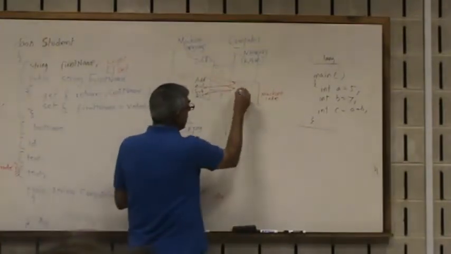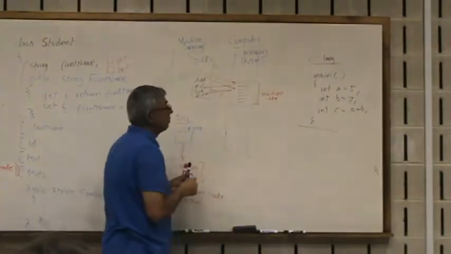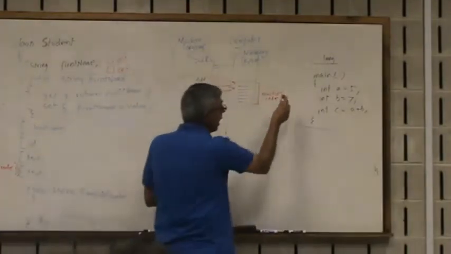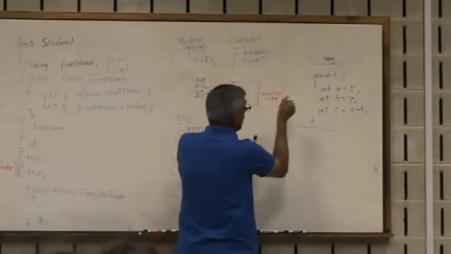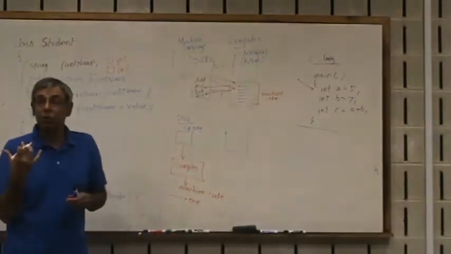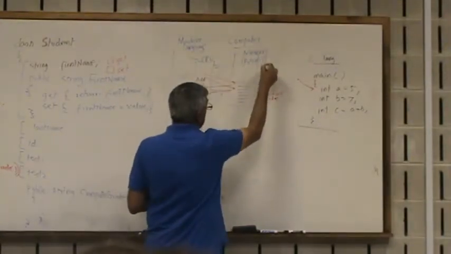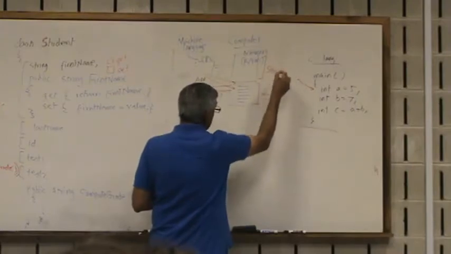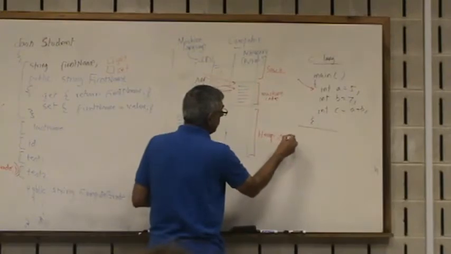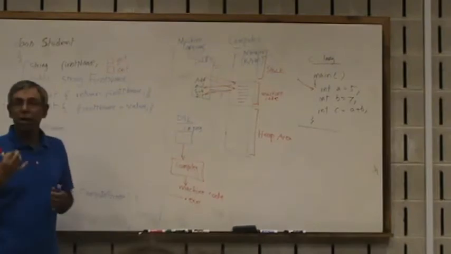Anyway, whatever that translation was, once this program is converted into machine code, take a look over here at what will happen as the CPU tries to execute it. It has to declare some memory to store A. In this memory, we have 2 special areas. One is called the stack area, one is called the heap area. Both of these are used to allocate memory as our program executes.